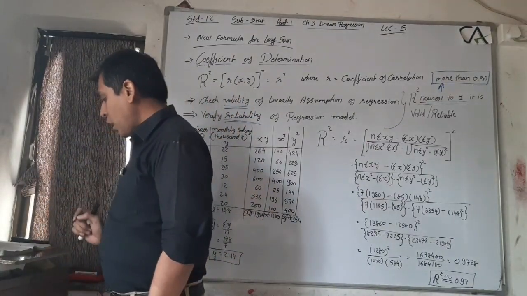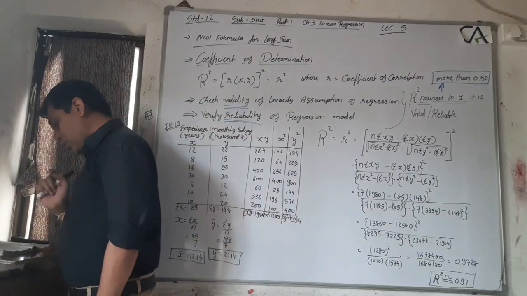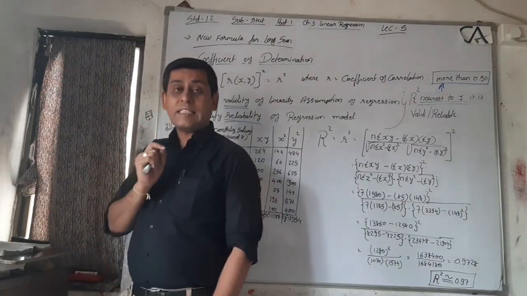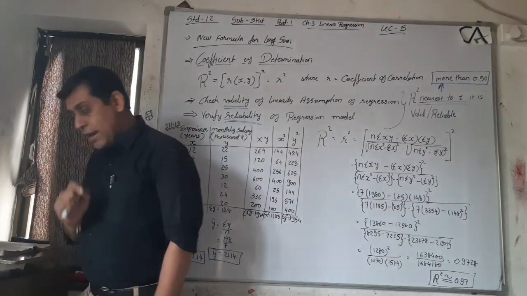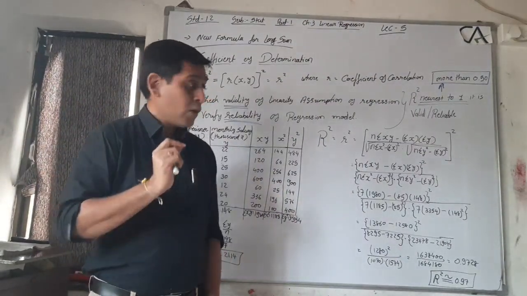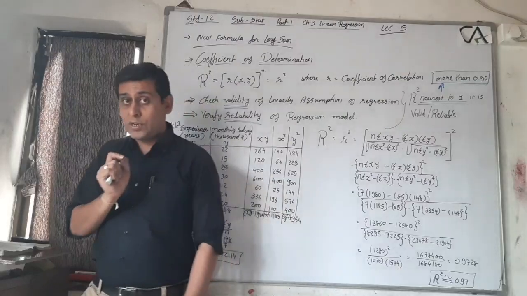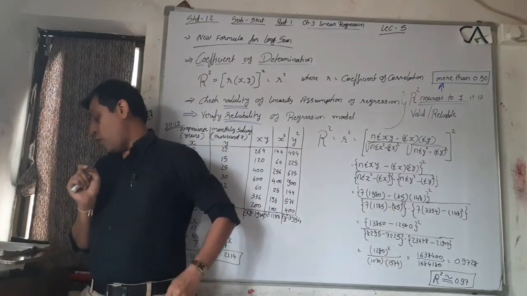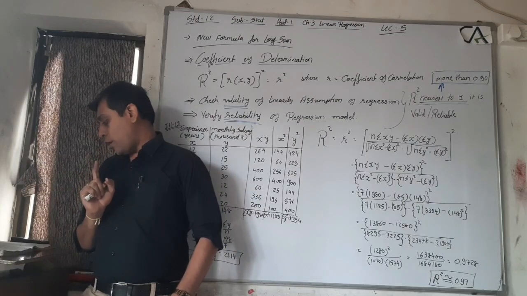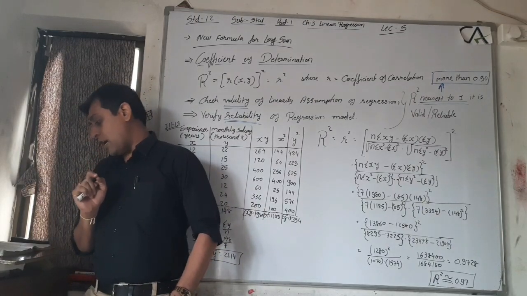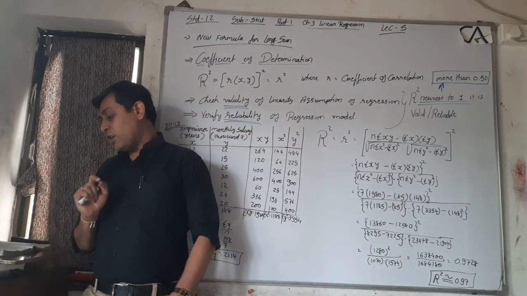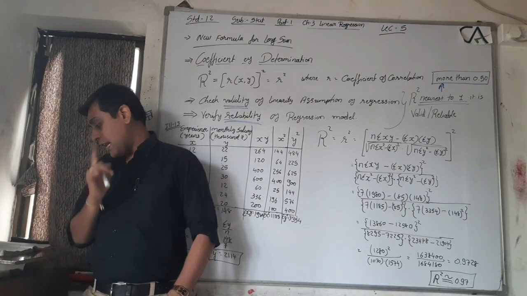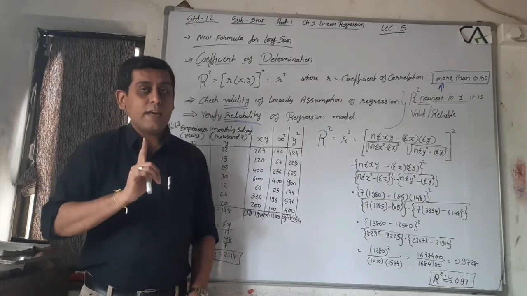That's why the assumption of regression between the years of experience and the monthly salary is valid. See, you have to write the full question as your answer: the value of r square is very near to 1. Then you can say that the assumption of regression between the years of experience and the monthly salary is valid.